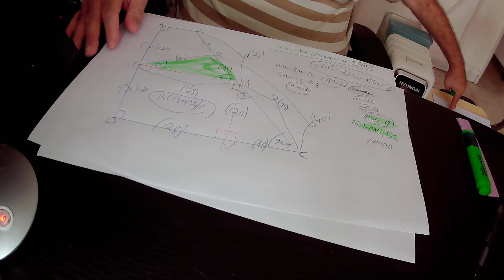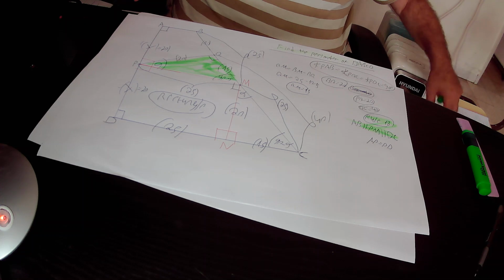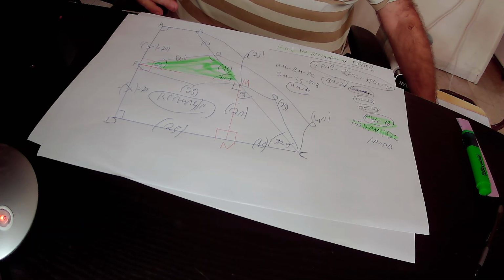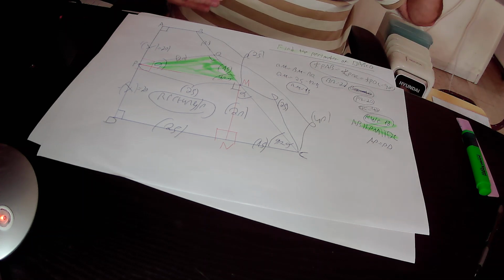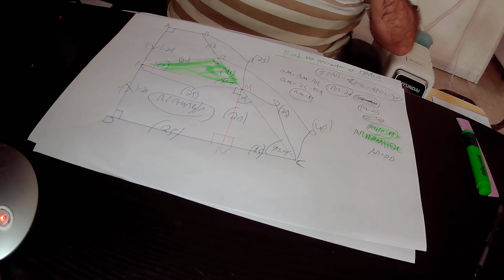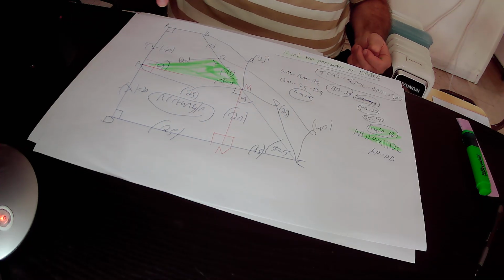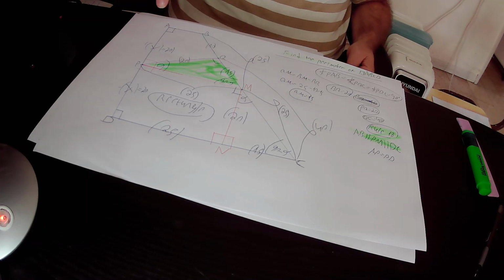So here we use another new rule, that is the trapezoid mid-segment theorem. What is the trapezoid mid-segment theorem? First of all, quadrilateral ABCD is a trapezoid. Why is quadrilateral ABCD a trapezoid? Because in quadrilateral ABCD, we already found out that side AB is parallel to side DC.